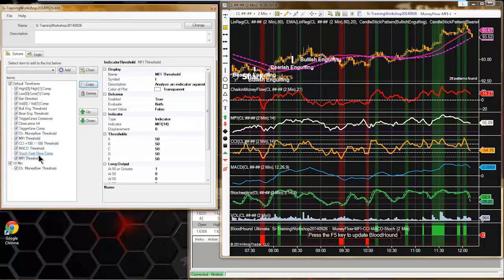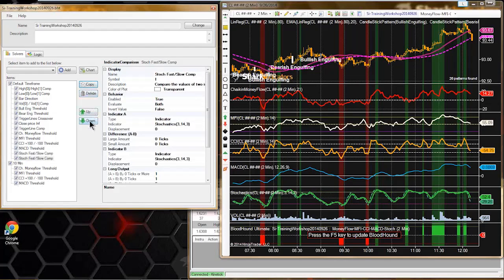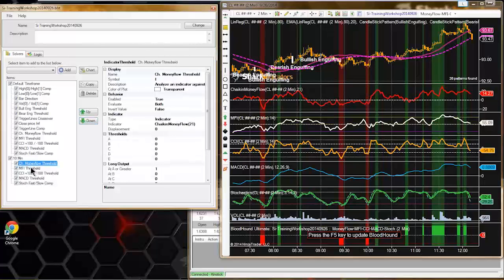So let's copy this MFI and move it down onto the 10-minute, and I'll just repeat the process for all 5 solvers.